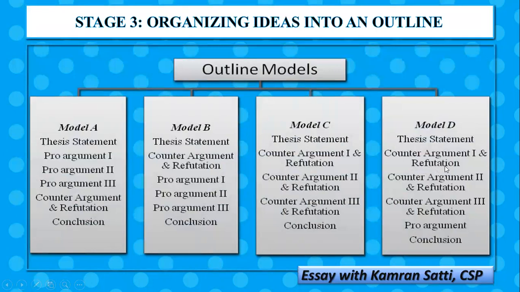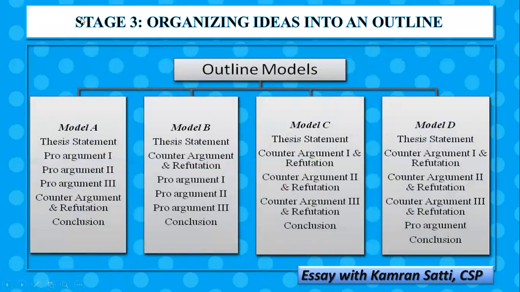But what I would suggest is that you use this approach, model A. Because first you prove to the examiner why you are right, and then on top of that you are also telling the examiner that in addition to why I am right, the opposing side is also wrong. So it's an icing on the cake sort of model.